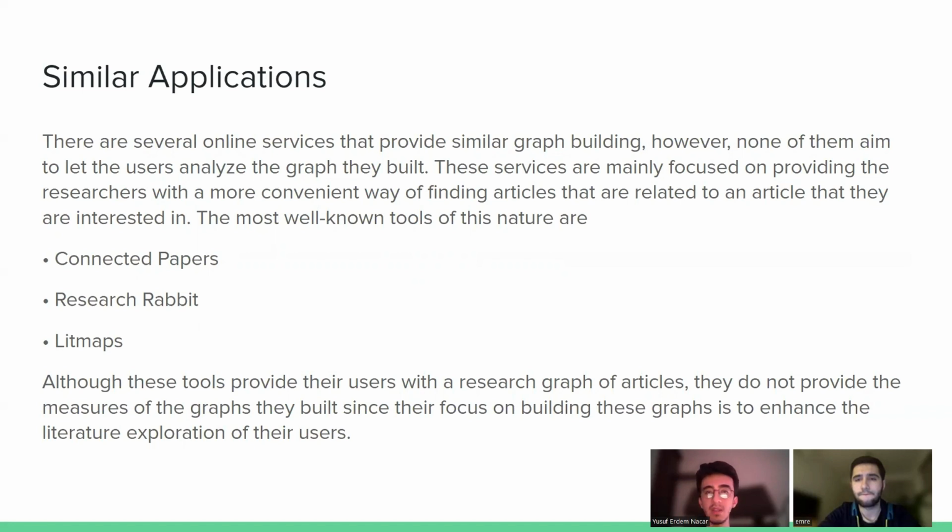So what this means is that they do not provide graph theory measures about these graphs, and they only focus on discovering new articles, discovering new authors, and so on. Our difference is that we allow our users to calculate and obtain quantitative information about the research graphs that they built.